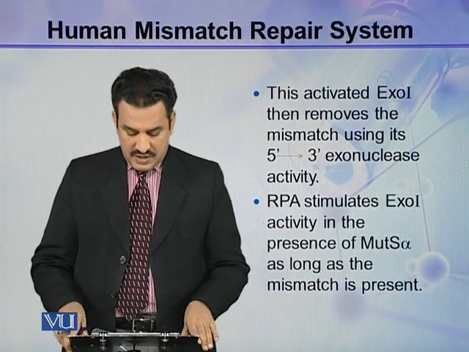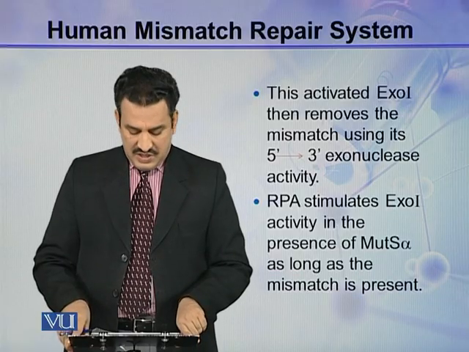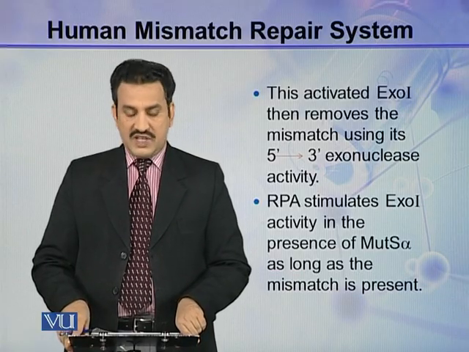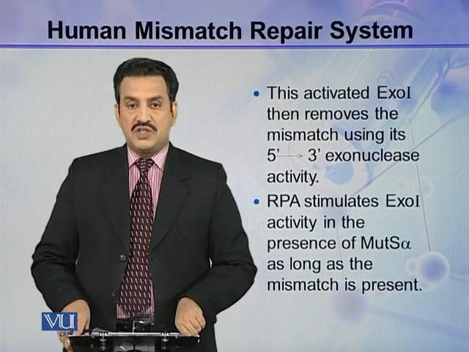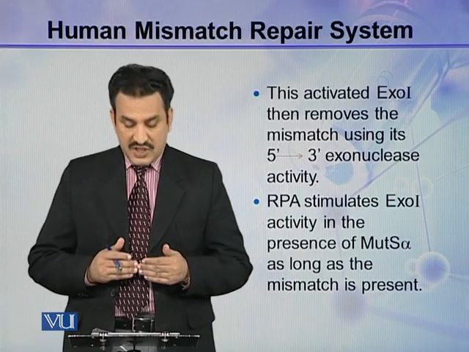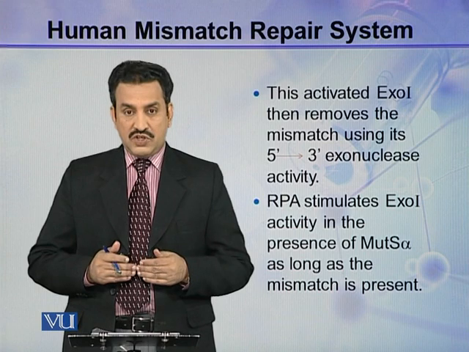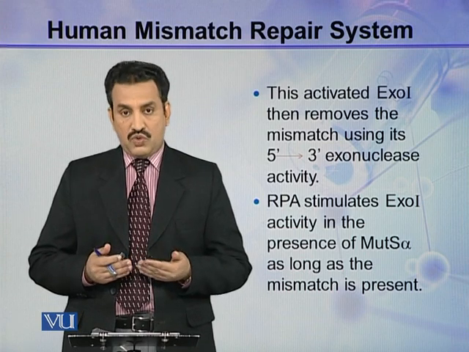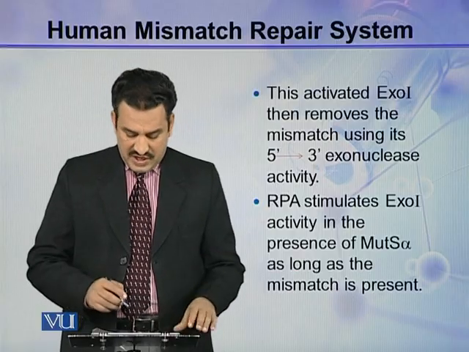RPA stimulates Exo1 activity in the presence of MutS alpha as long as the mismatch is present. So if the mismatch is present, RPA stimulates the activity of Exo1. Then Exo1 starts hydrolyzing this strand.